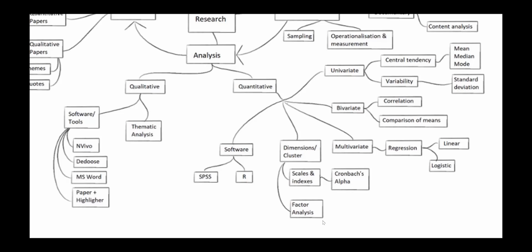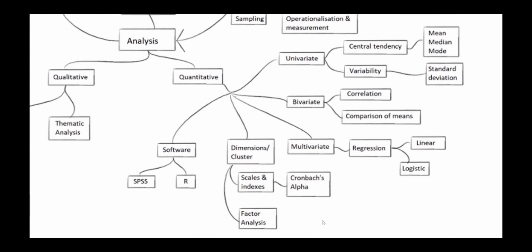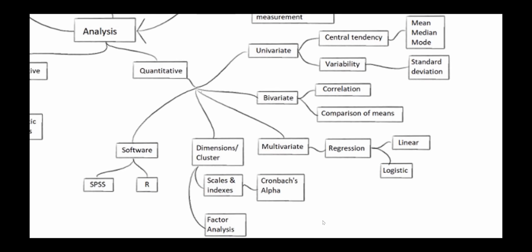The third part of research, once you've designed your study and collected your data, is that you need to analyze it. I'm going to do this very, very quickly. Very briefly, there is quantitative and qualitative, as we've talked about before, analyzing text and numbers.